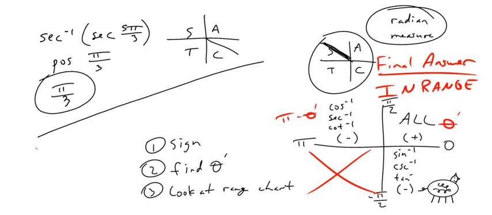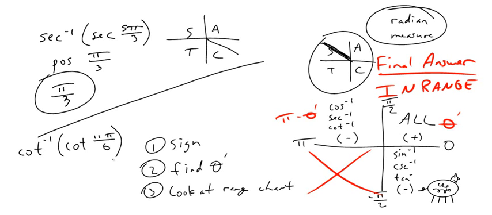Okay, let's fit another one in here. What about inverse cotangent of the cotangent of 11 pi over 6?